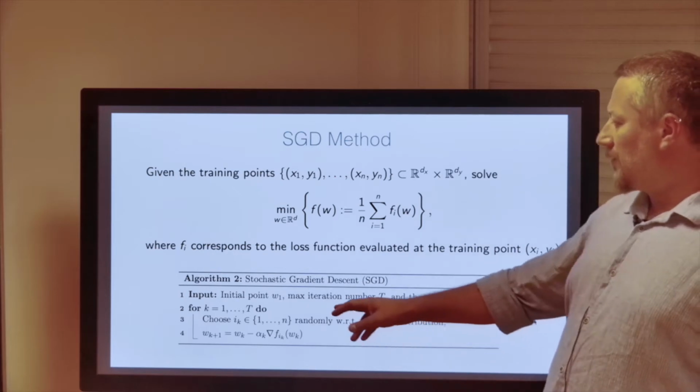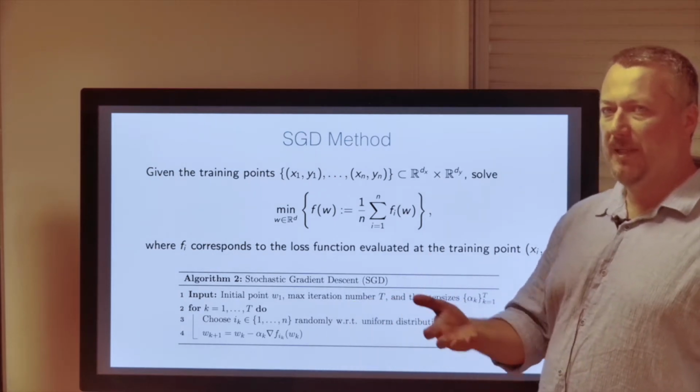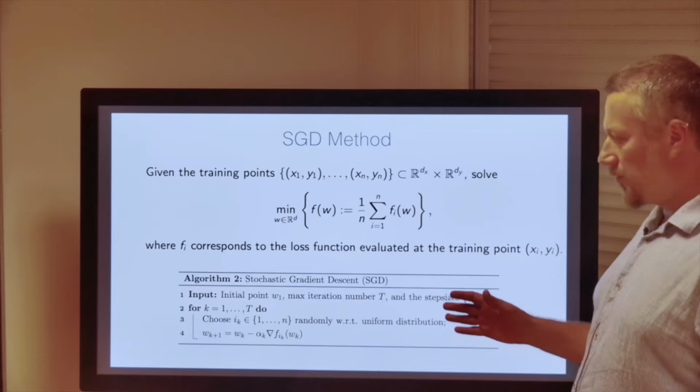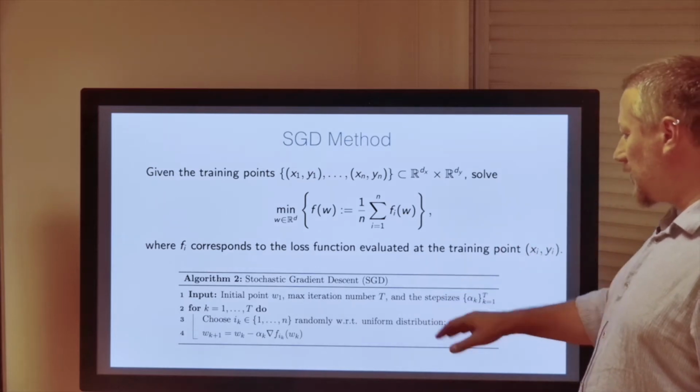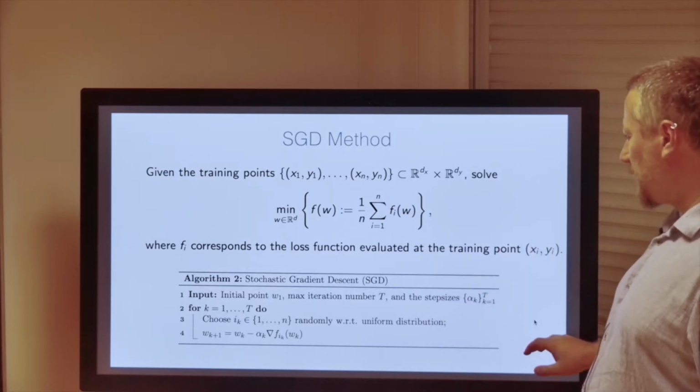All right. Of course, instead of choosing only one data point, you can choose a mini batch of them, but we are going to just simplify things for today's sake.